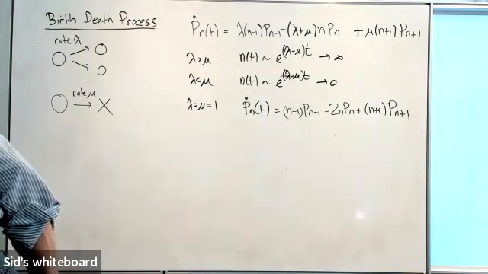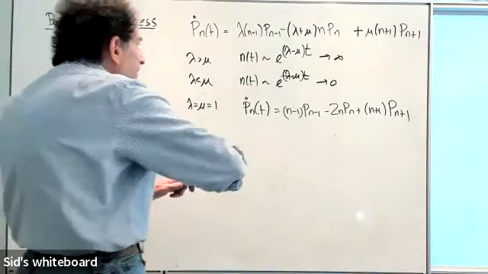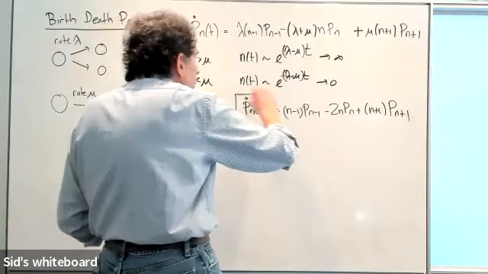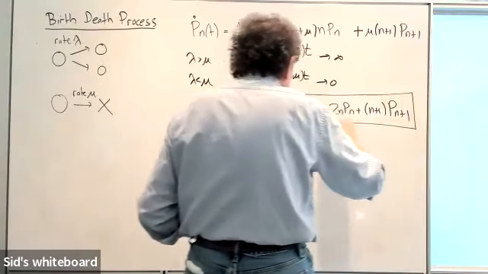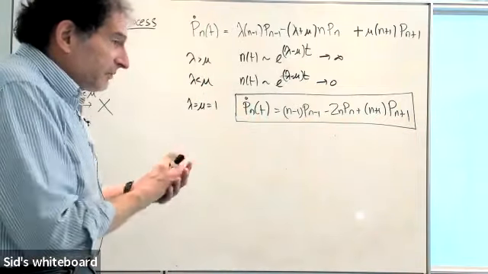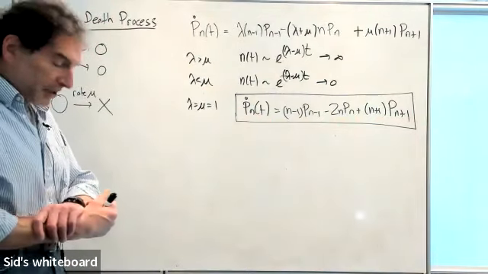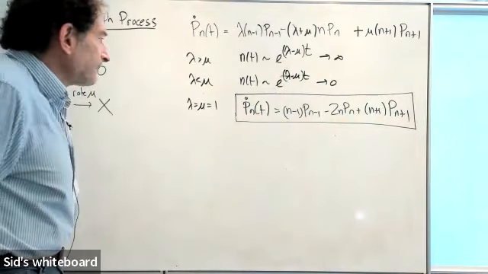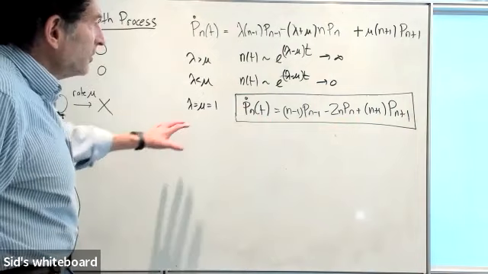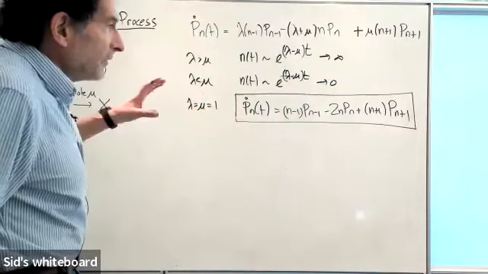So now, just as before, we want to solve this master equation and then look at the physical properties of the solution. Because it's so similar to everything I did before, I'm not going to go through every single step of the derivation.